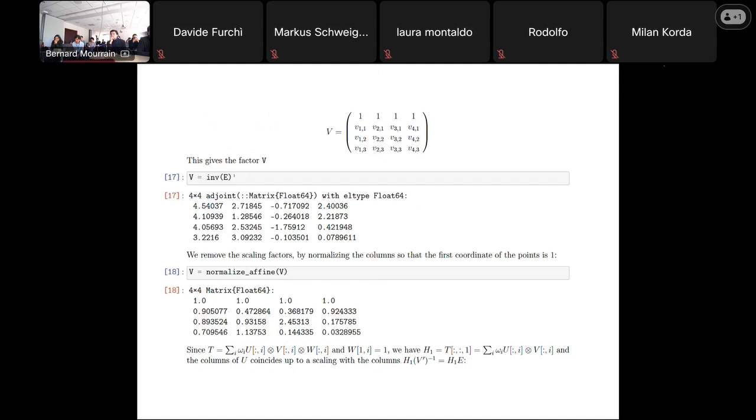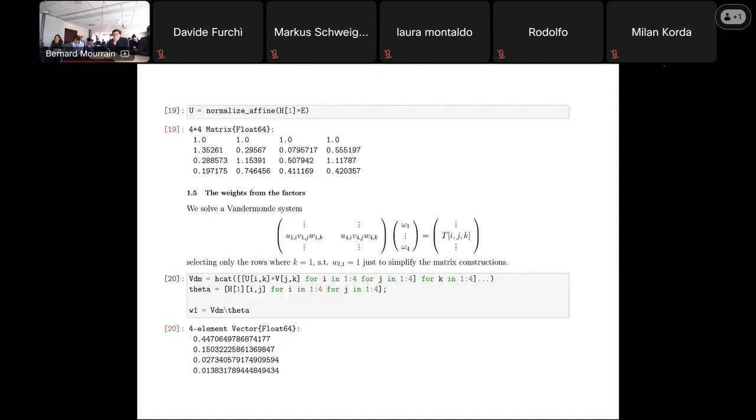So this inverse transpose, we normalize it and get 1 on the first coordinate, and we get this factor, which corresponds to the y. So we have the z from the w, the v is the y, and now we have just to get the u.